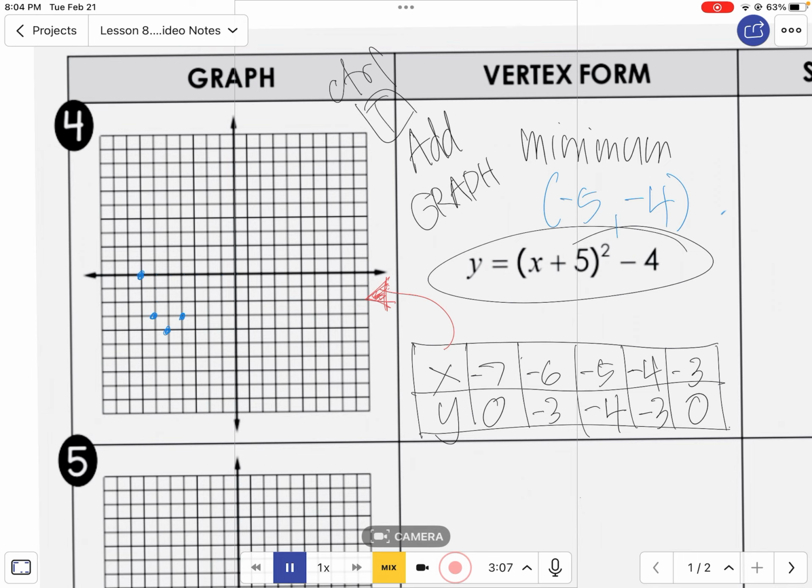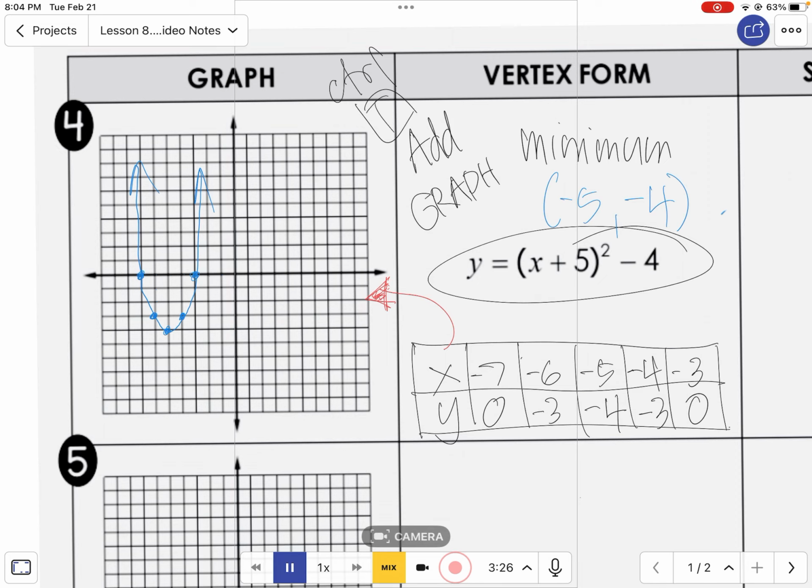Then (-3, 0). So pretty much it mirrors the other point on the other side of the axis of symmetry. Connecting all the points, you should see how your parabola looks. It's a parabola that opens upward.